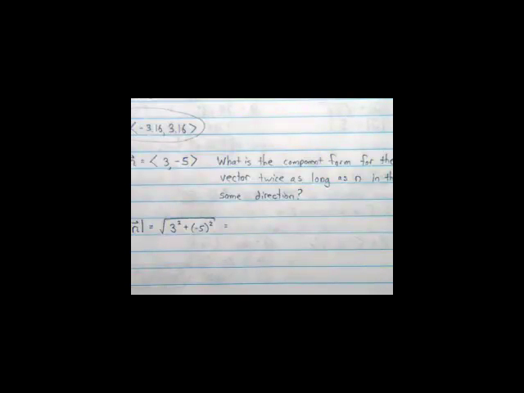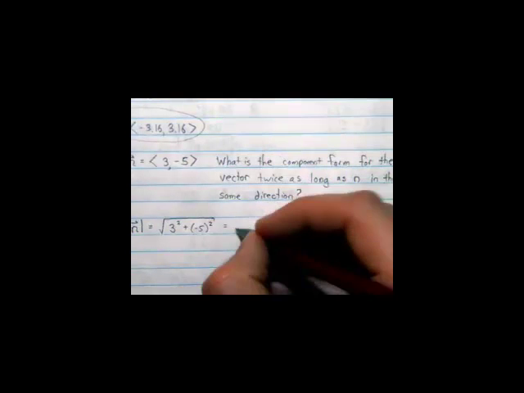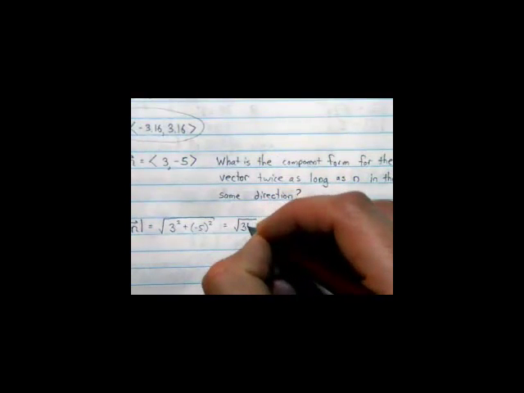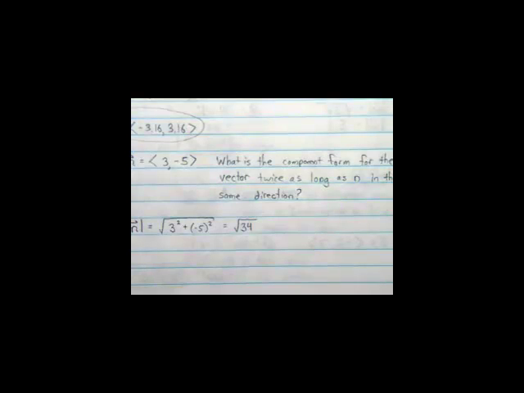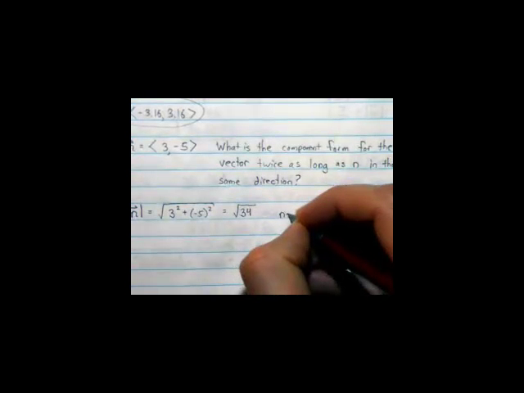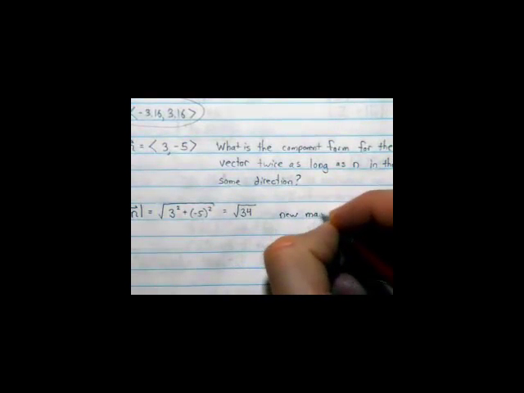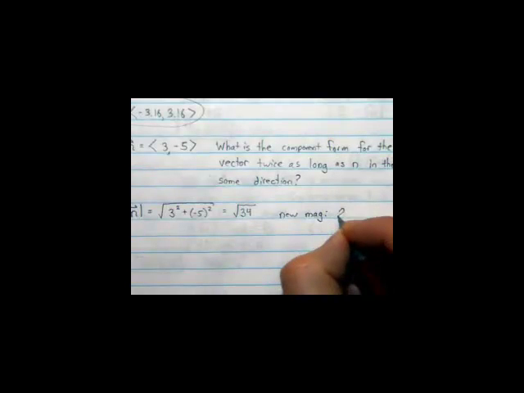Square root of 34. Okay, so that's the magnitude. So our new magnitude would be 2 times the square root of 34, correct? If we're going to make it twice as long, it has to have twice the magnitude. So just take that and double it.